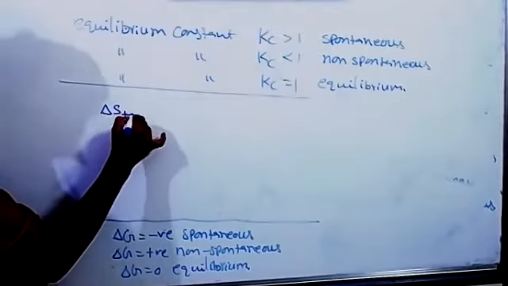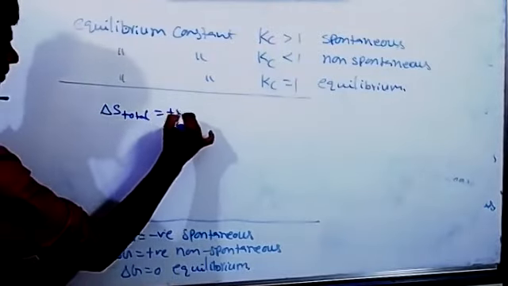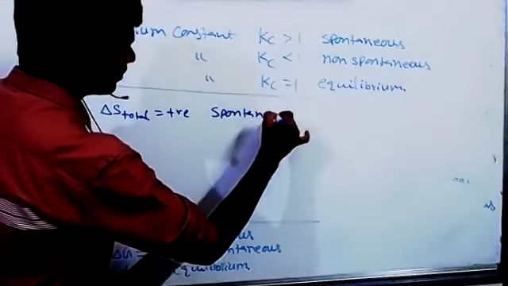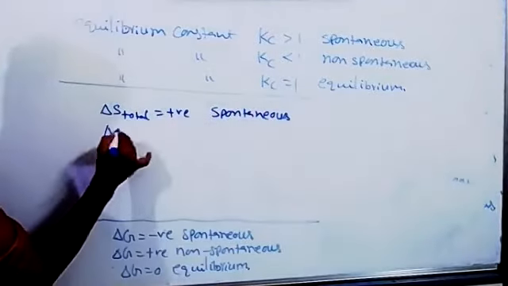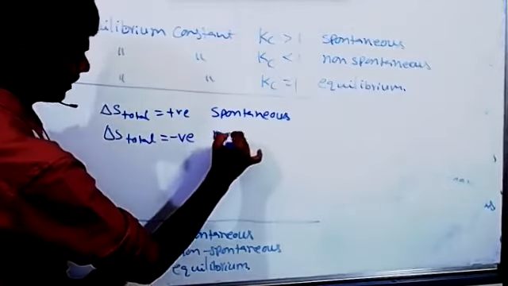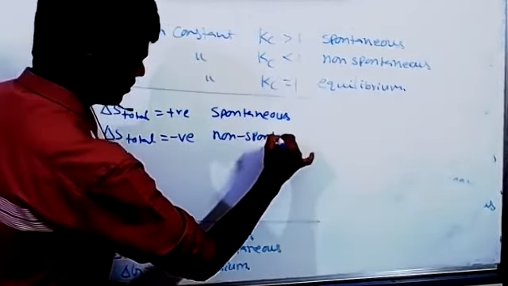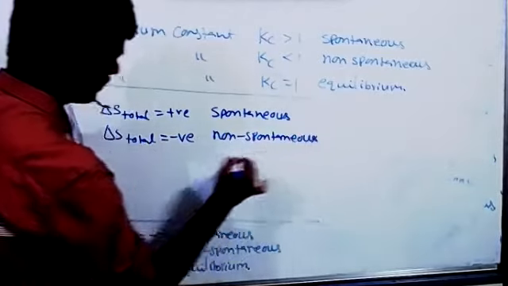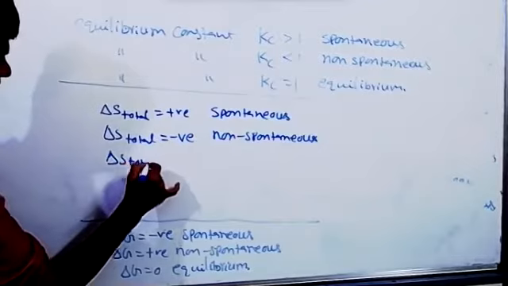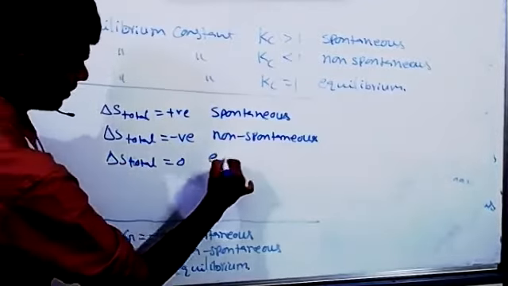Delta S total positive, so this is spontaneous. Delta S total negative, non-spontaneous. Delta S total 0, equilibrium.